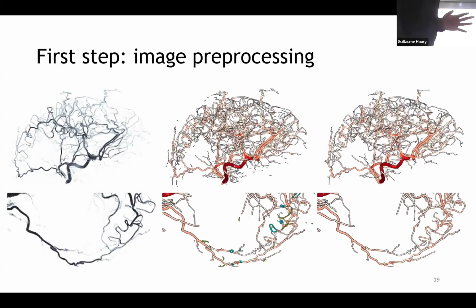So first, I will just mention quickly that in general, our inputs are 3D images on a grid of voxels, and our method rather takes tree structures as inputs. So there is a preprocessing step required to extract the tree structure from the raw image.